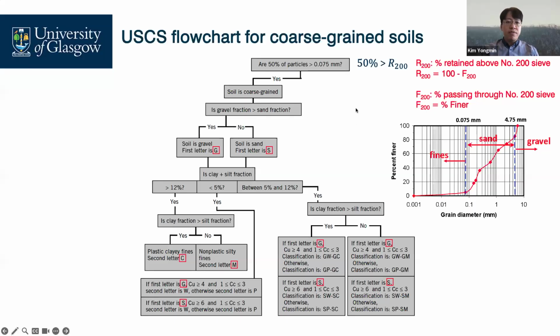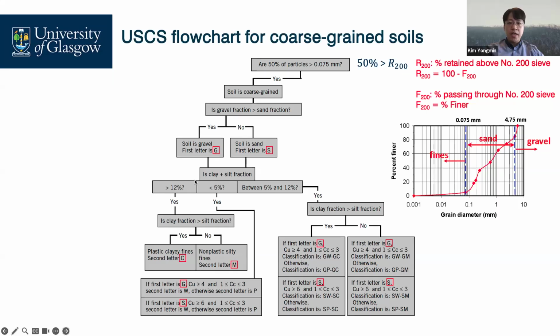Retained more than 50% means it is coarse grain soils. Once the soil is classified as coarse grain soil, we follow this specific guideline criteria. Is the gravel fraction greater than the sand fraction? Yes, then it is gravels, and we give them the first letter G, and so on.